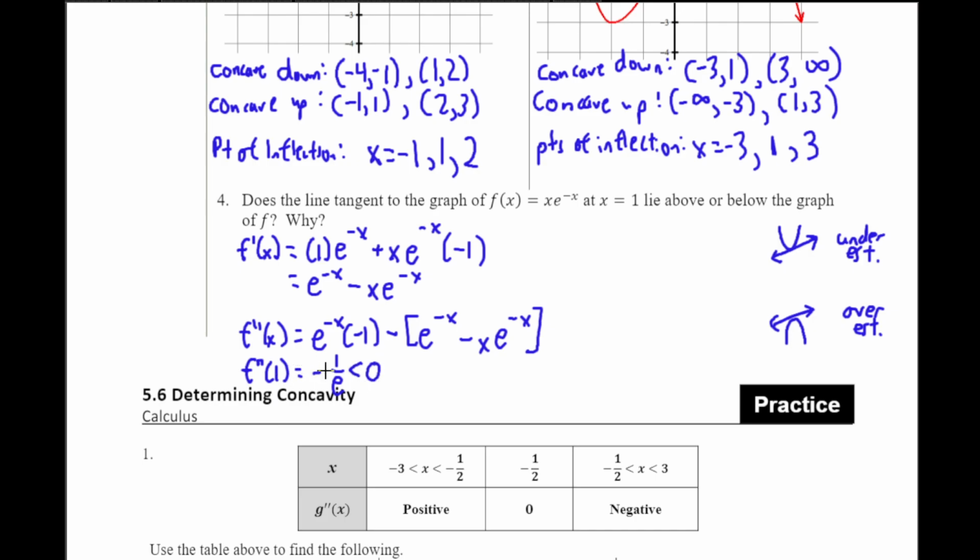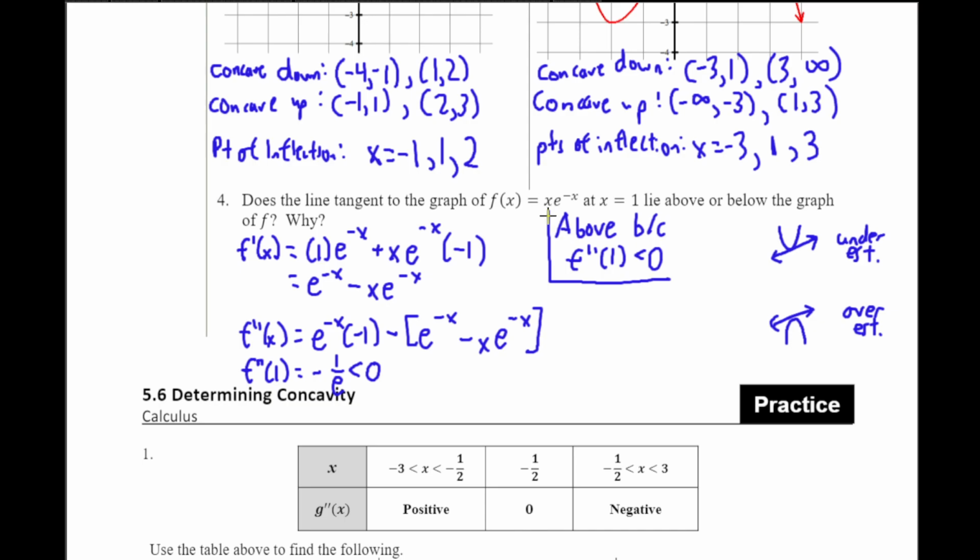So our second derivative is negative. So does the line tangent to the graph lie above or below the graph of f? It's going to be above, because f double prime of 1 is less than 0.